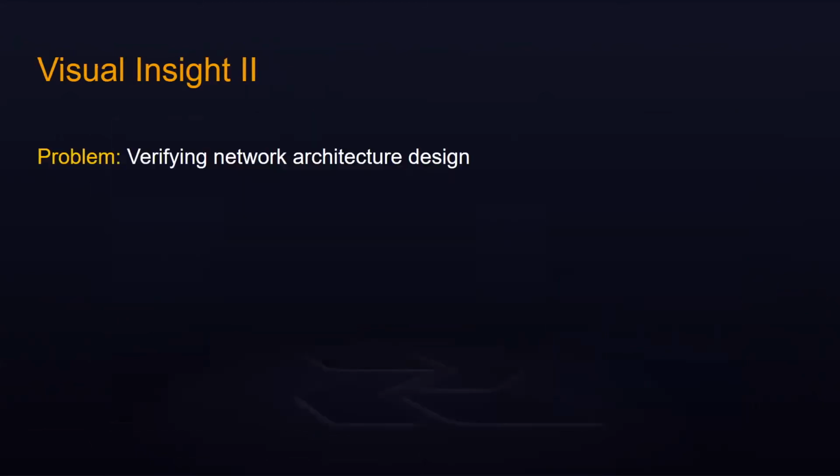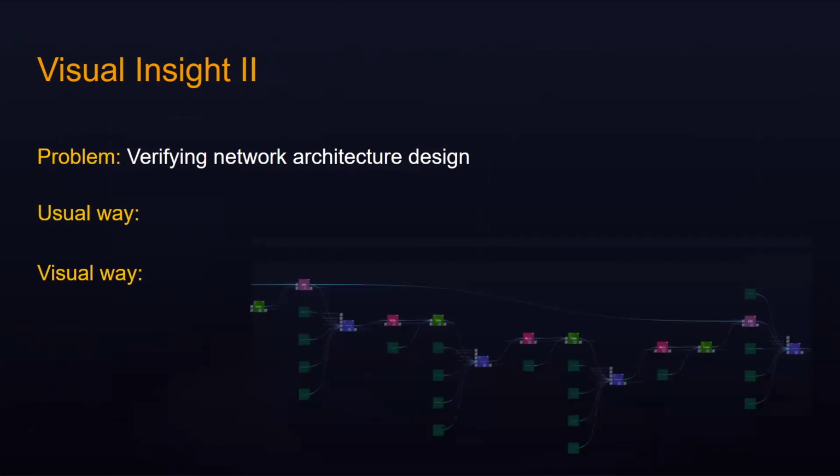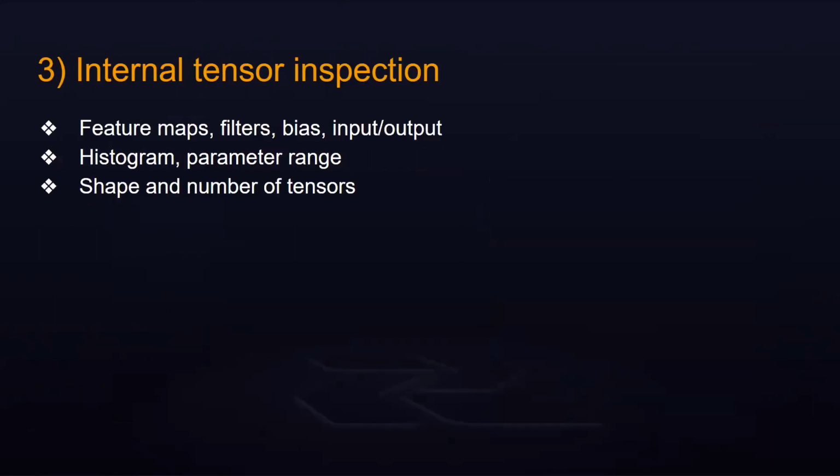And this is another example of how we can use visualization to verify the network architecture design. We usually use a piece of paper and draw the architecture on that. But by using visualization in Zetane Viewer, we can easily see the network architecture and make sure that the design is correct.